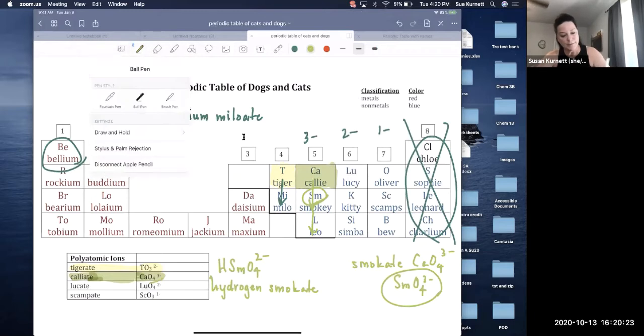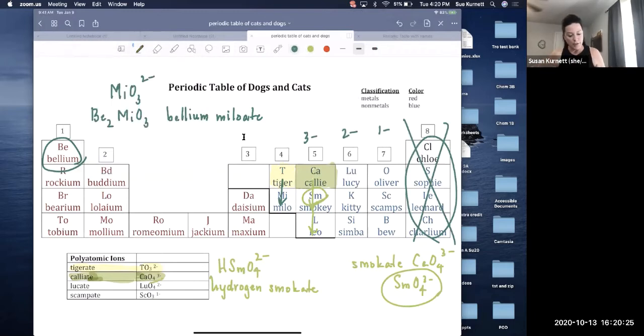So anytime it ends in 8 or ite, that means we have the nonmetal with some oxygens and extra electrons. If it ends in ide, the nonmetal has just gained electrons but no oxygens, which is how it is actually in nomenclature. Everything I've done here is following the regular rules of nomenclature.